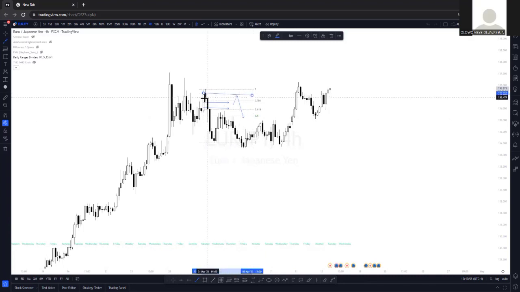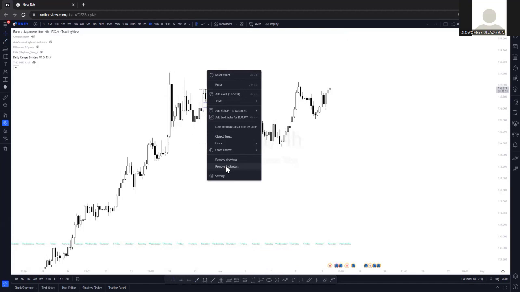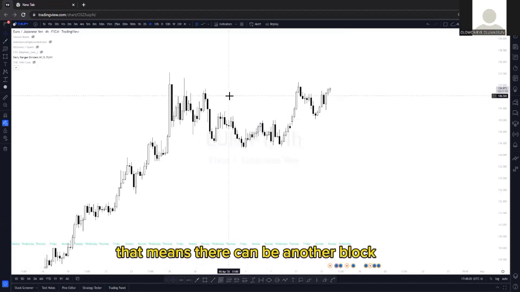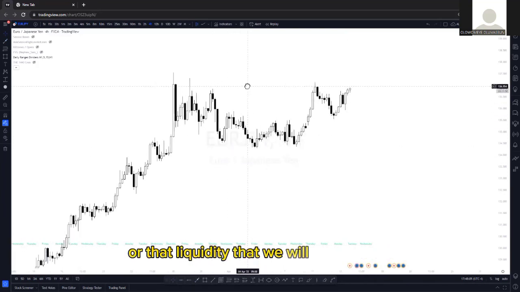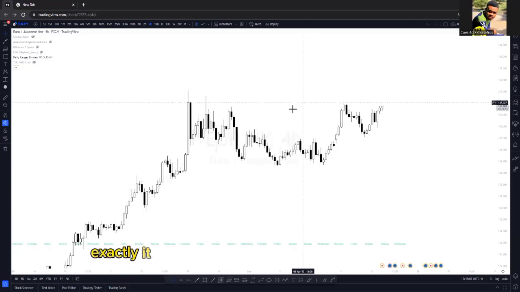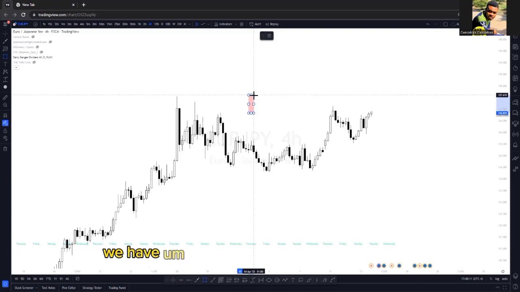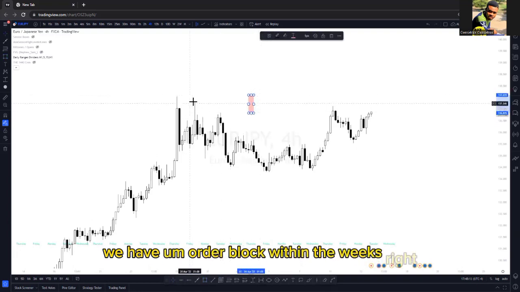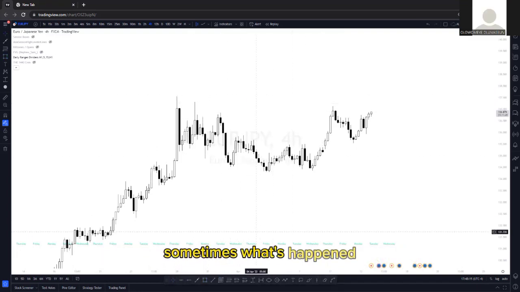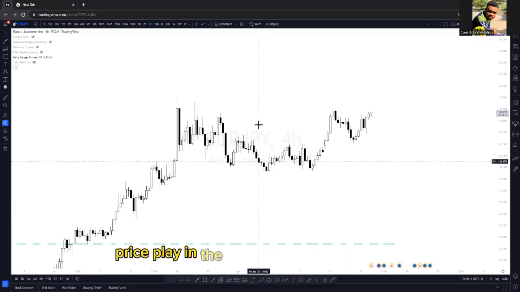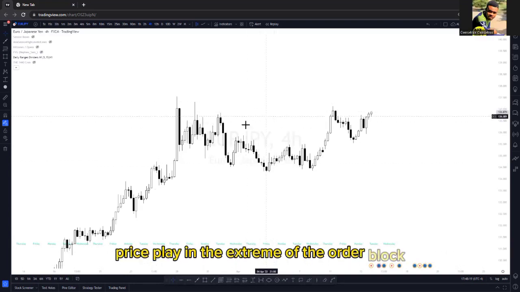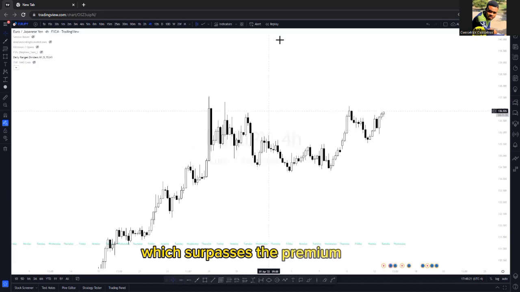Yes, something like this. Okay. So that means there can be another block there or in liquidity, if we refine it down. Exactly. Sometimes we have other blocks within the wicks, right? So sometimes you can see price playing the extreme of the other block, which surpasses the premium price, which surpasses the 78 and 61.